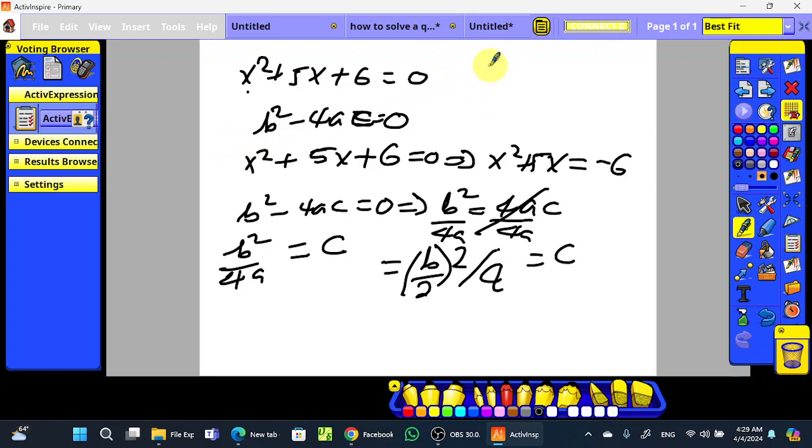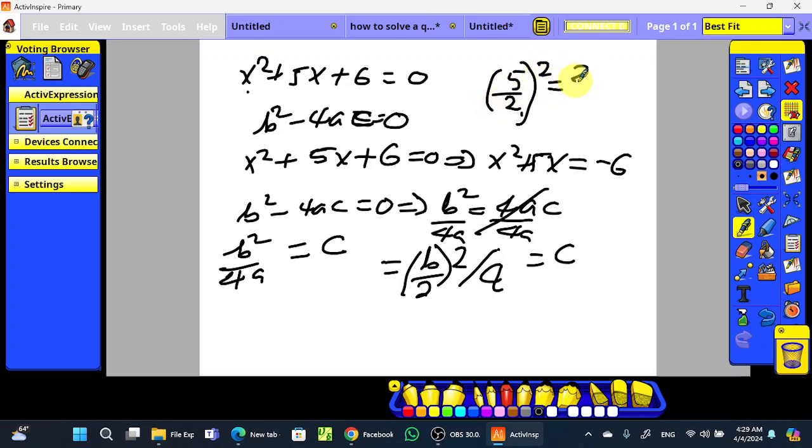If you ask me what number I should add to make this perfect square, in this case a is 1, so you divide the middle term, 5 over 2, and make it square.